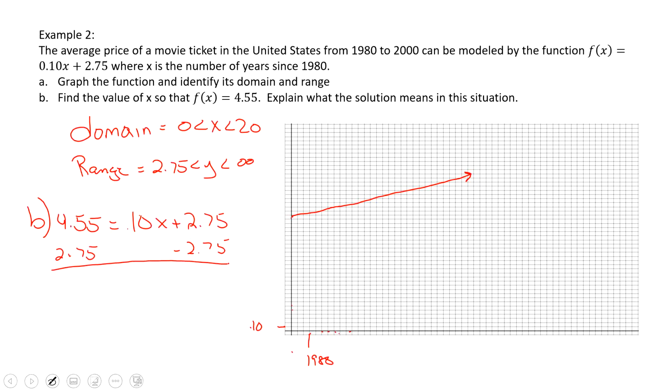So I end up with 1.80 equals 0.10x. We divide both sides by 0.1. We end up with x equals 18. So it's 18 years from 1980 is when the price of a movie ticket went to $4.55 on average in the United States, I guess. Does that make sense? It would be out here somewhere. Does that make sense? Everybody see that?